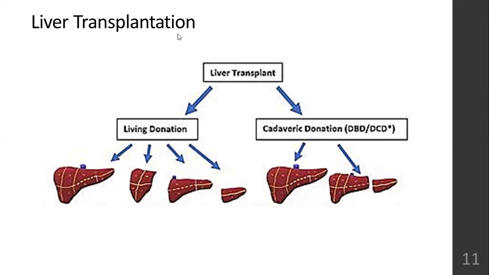Cadaveric donation is from a person who has passed away. They could be brain dead, or it could be a cardiac death as well. So when we are taking an organ from a dead body, it is a cadaveric donation. Living donation is a person who is still alive. They have just given a part of their liver to you. So that is living donation.